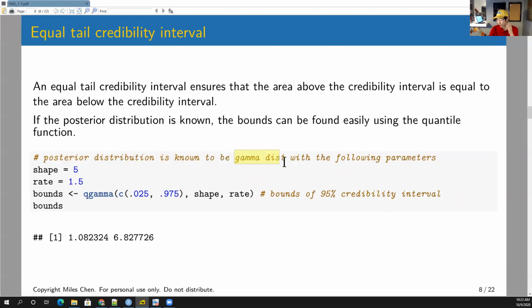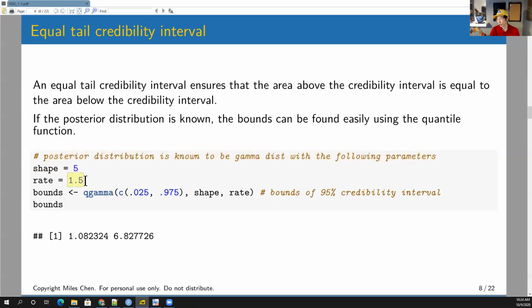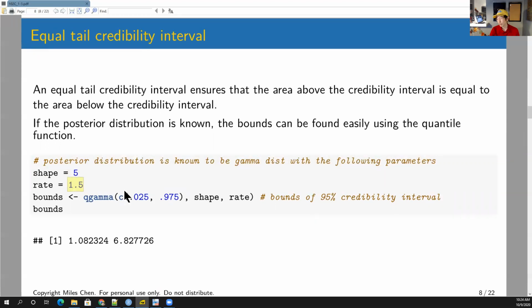So far we've always been using beta distributions, but here I'm going to pretend we've got a gamma distribution. Let's say the posterior distribution is known to be a gamma distribution with shape parameter 5 and rate parameter 1.5. In R, you're going to use qgamma, the quantile function. For a 95% interval, you want 2.5% below and 2.5% above.